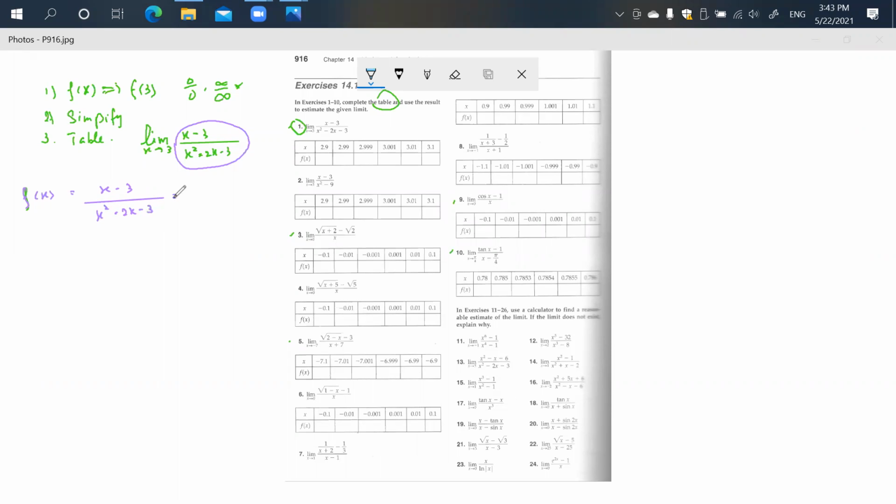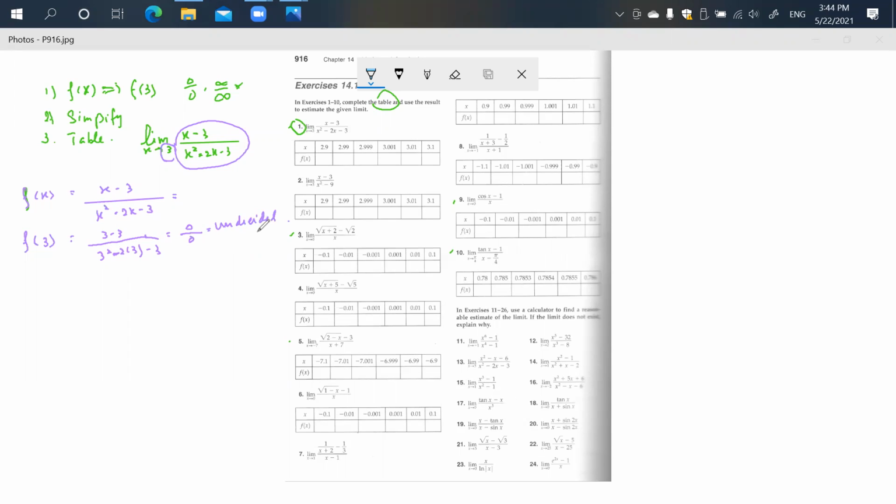If x equals 3, you replace 3 there, so it becomes 3 minus 3 over 3 squared minus 2 times 3 minus 3. The top becomes 0, and the bottom: 9 minus 6 minus 3 is 0 also. So this is undecided.